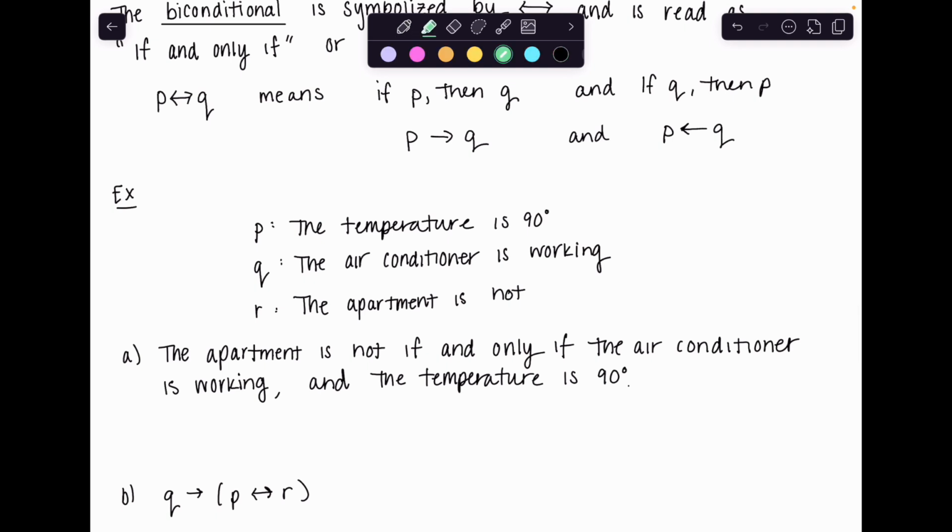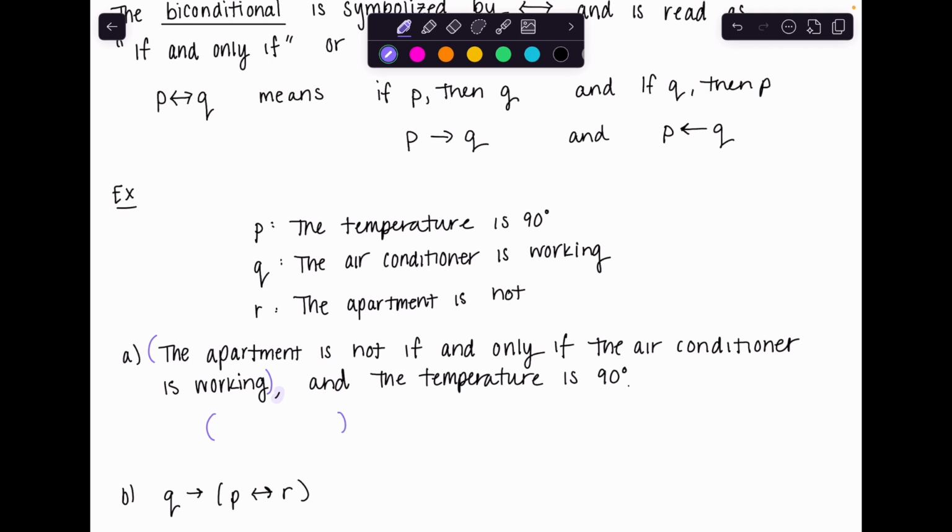So I've got the apartment is hot if and only if the air conditioner is working. This comma then tells me I'm going to take that pause. And the temperature is 90 degrees. So the way I have to break this down is this comma here is really telling me that I'm going to put parentheses around this stuff.